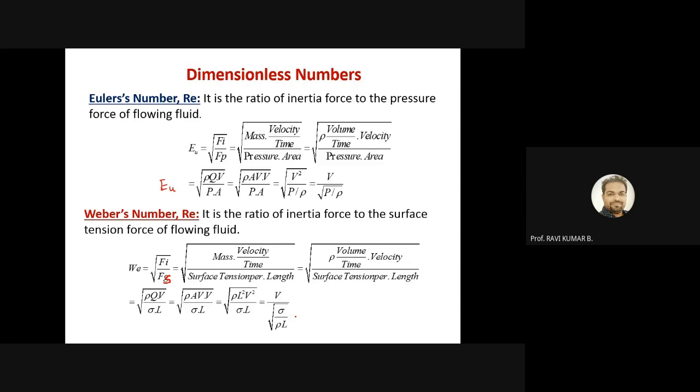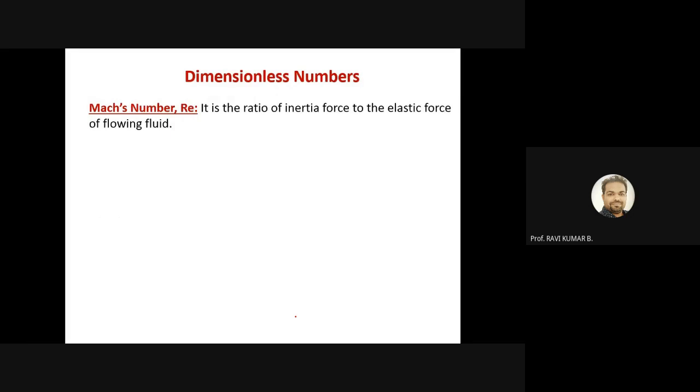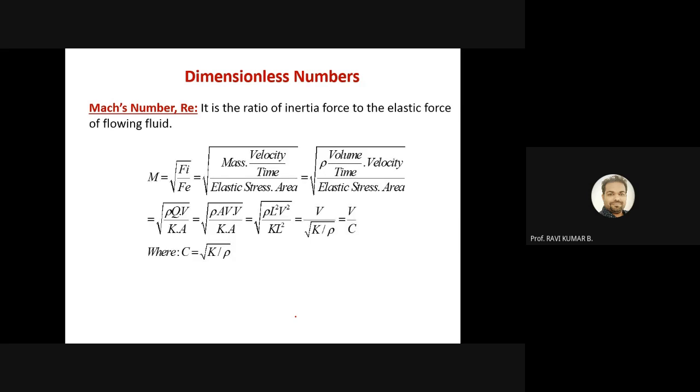Right. So almost you are getting some sort of formula for all. Next one and last one is called Mach number. It is the ratio of inertia force to the elastic force of the flowing fluid. So when elastic force comes into the picture, you will be talking about the bulk modulus, that is K. So under root Fi upon Fe is known as Mach number.